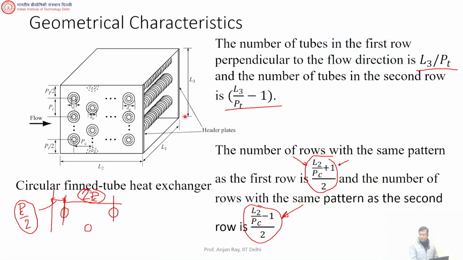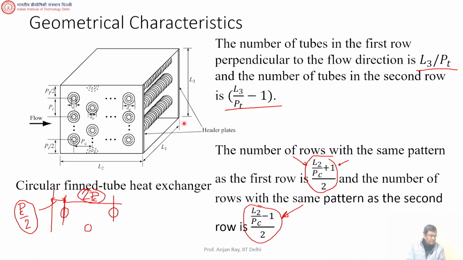Okay. Keep this picture in your mind and have in this picture the flow direction, the flow of the liquid will flow through the tube. So this distance is L1, right?